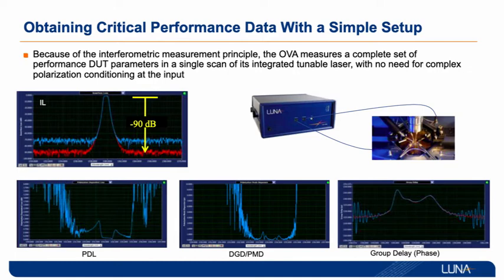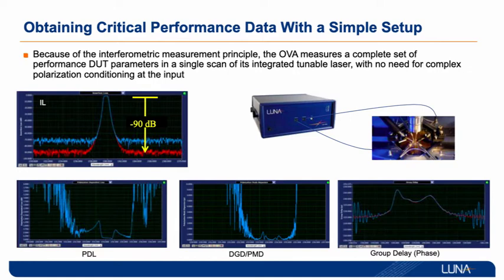And importantly, you'll note my very simple looking graphic there. It can be integrated with a probe station, and Ro will talk more about that very easily. What you'll notice we don't have there is a polarization controller. The OVA removes the need for a polarization controller at the input of a device. That's really important because it makes it much, much easier to analyze, especially planar devices that would otherwise require that.